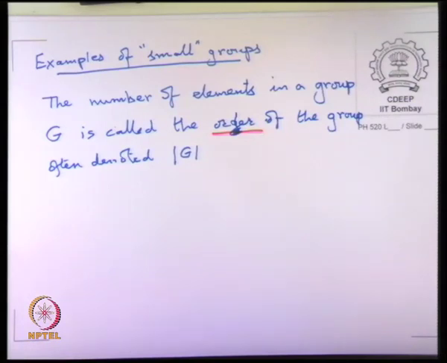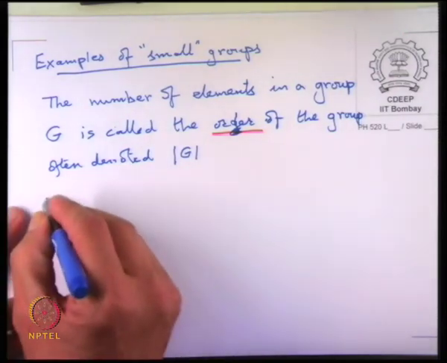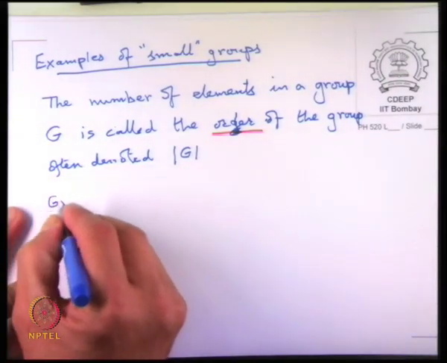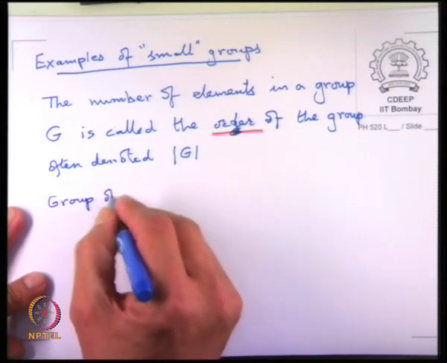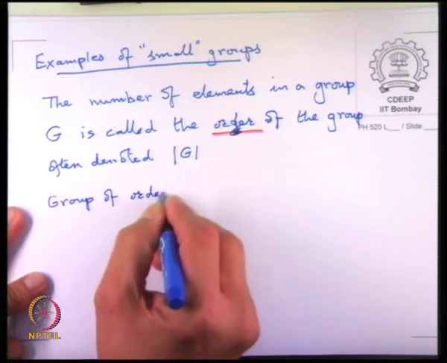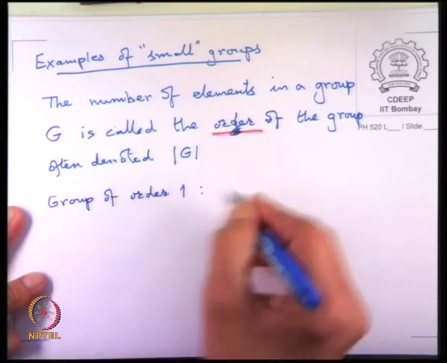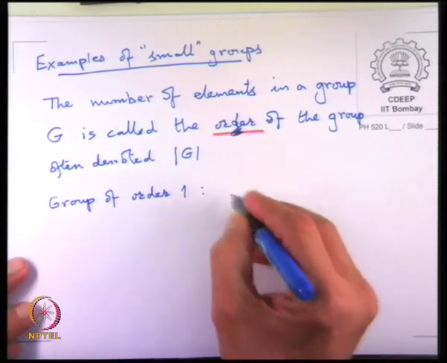Let us think of very simple groups. Well, the most trivial one is the group of order 1. This is a group that consists of the identity element.